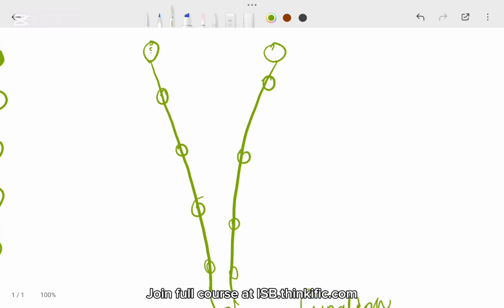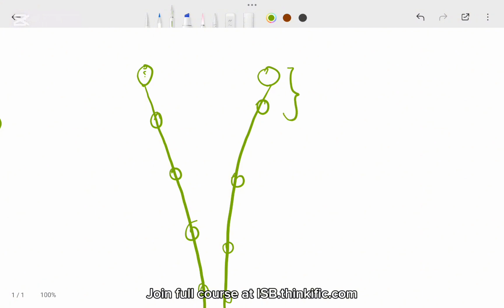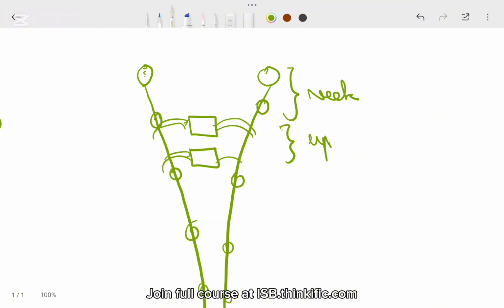So here in the neck region, they are posterior to the carotid sheath. In the upper thoracic, right, they are in front of the necks of the ribs. Those are ribs. In the lower thorax, they are just lateral to the vertebral bodies. Lower thorax.